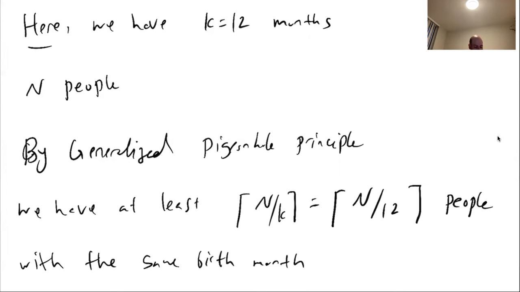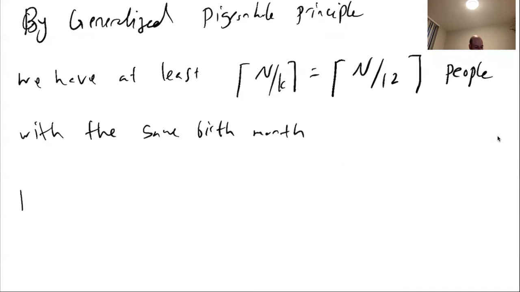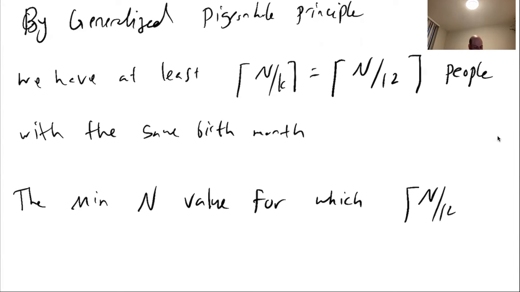And I want this number to be at least 3. So the minimum n value for which ceiling n over 12 is bigger than or equal to 3 is, so what n value do I need? Well, we can do it by inspection.